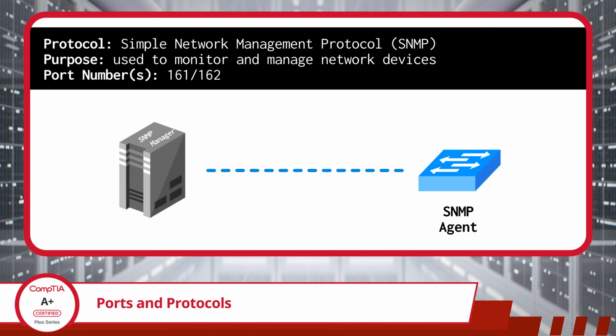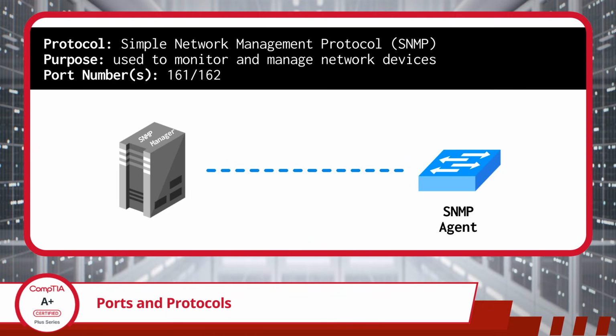Next, we have SNMP, or Simple Network Management Protocol. While SNMP is not directly tested within this exam objective, it is an important protocol to become familiar with as you continue advancing in networking. This protocol is used for monitoring and managing network devices and is instrumental in gathering information from and configuring various network devices like routers, switches, servers, printers, and more.